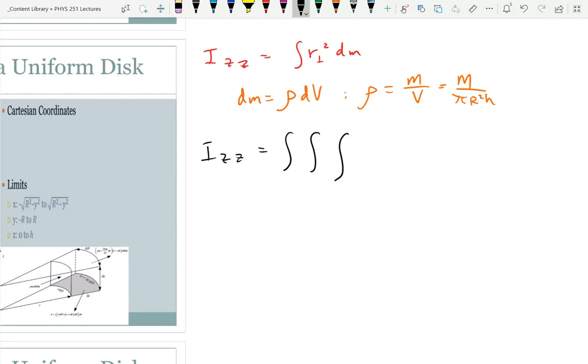There is a way often to get around doing a triple integral. And that is to say, okay, and this is the way you will look at it first, I think, when you're doing calculus. If you have something and you want to integrate the volume, you say, okay, I have a shell of this area, and then I integrate that over the radius.